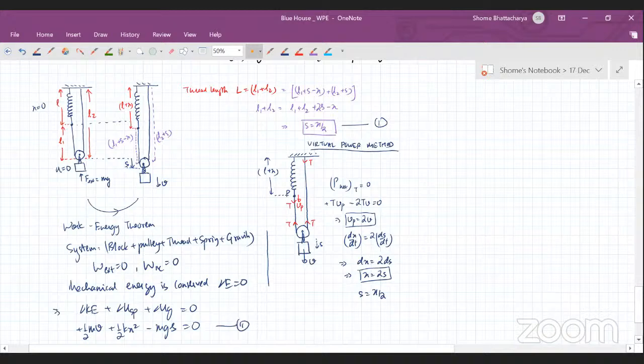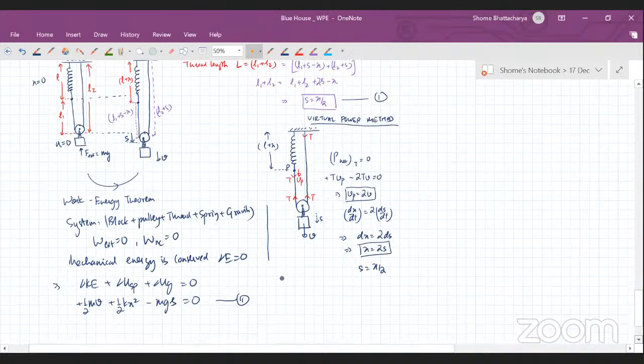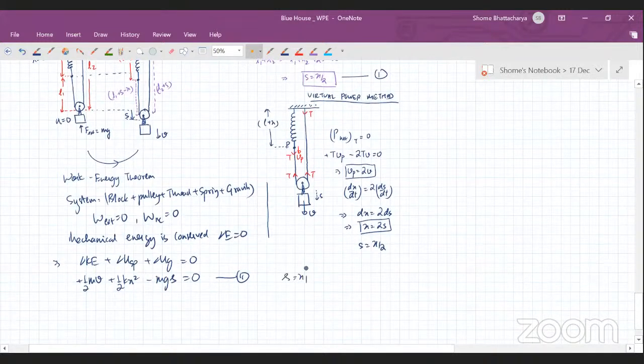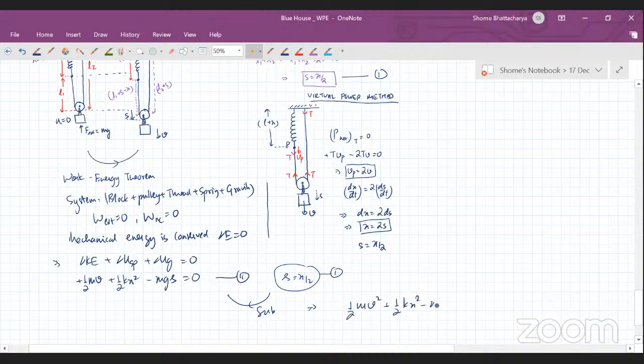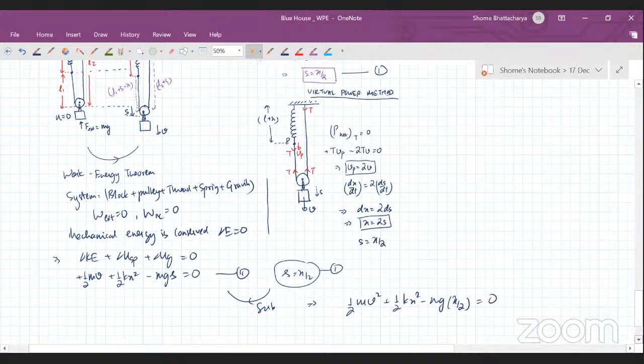Now introduce the constraint relation. So s is equal to x by 2 from equation 1. Substitute this here. So we have the relation half mv square plus half kx square minus mg x by 2 is equal to 0.